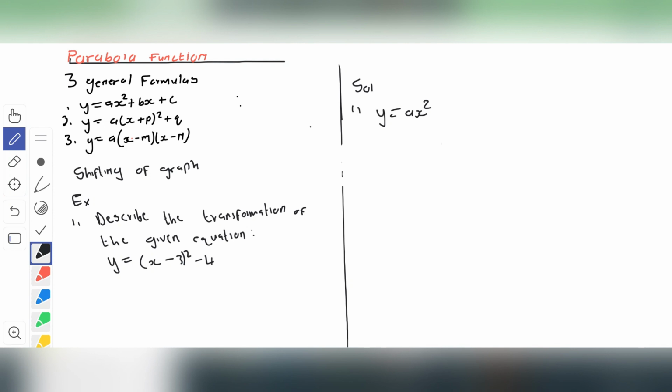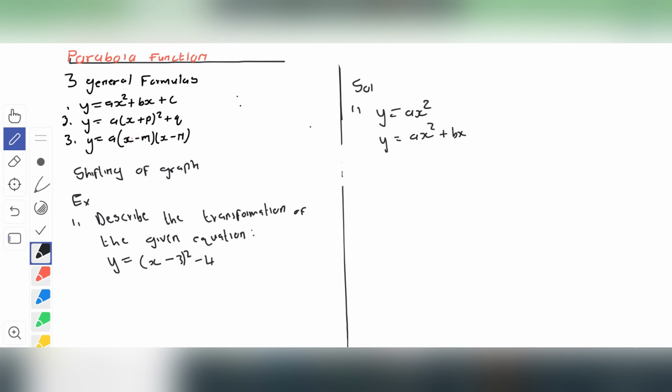So meaning now if we add something, if we now say okay, ax squared plus bx, we have now added something, right? Meaning the graph has shifted.